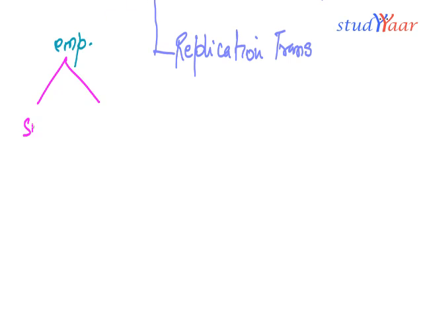It is present at site 1 and a copy is also present at site 2. The concept of replication is, if I make some modification in the employee table at site 1, the same changes are reflected at site 2.